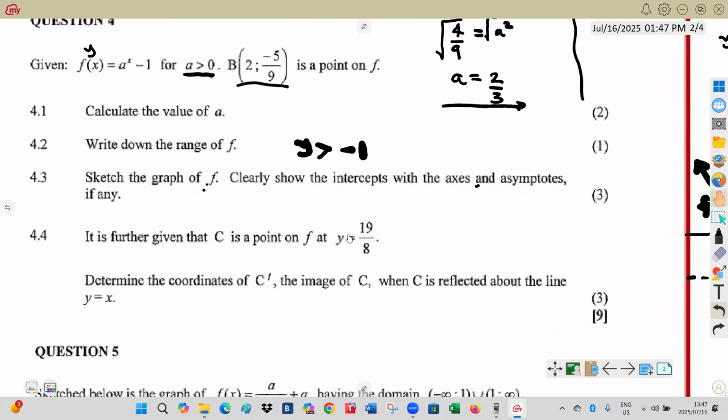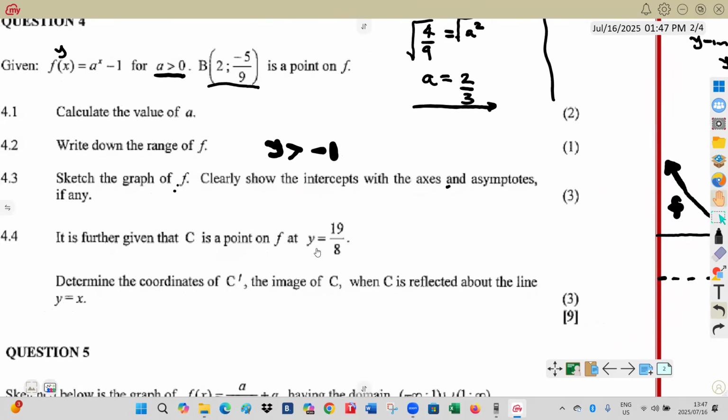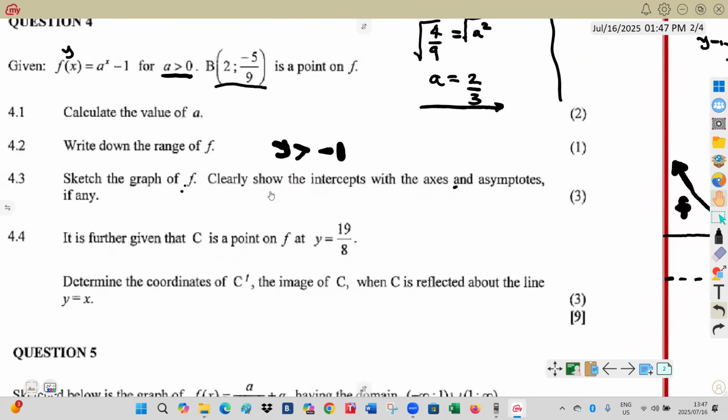So in other words, you have to substitute this in C so that we get the corresponding x coordinate. So where there is y, we are going to put 19/8.